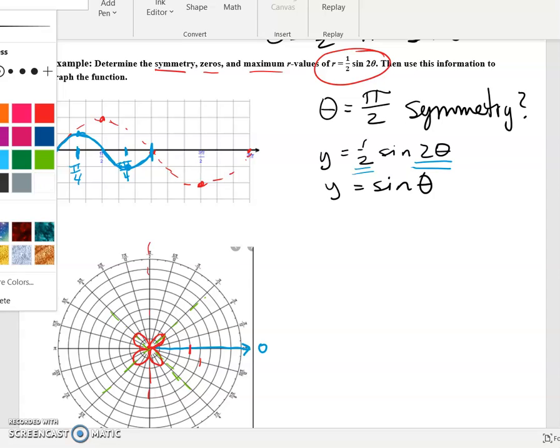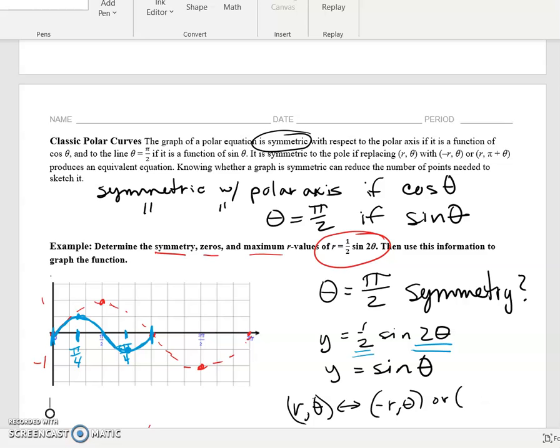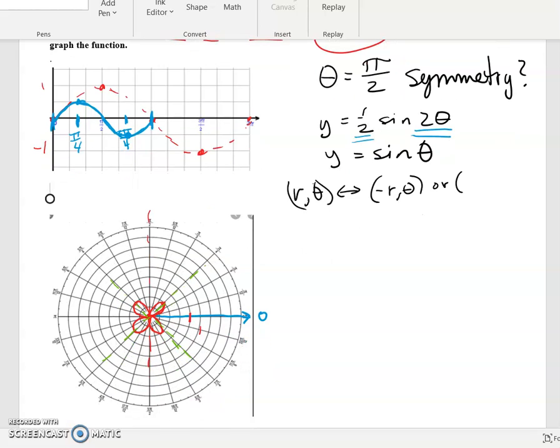One of the things it says is if we can replace r, theta with either negative r, theta, or r and pi plus theta, then we can test this out.